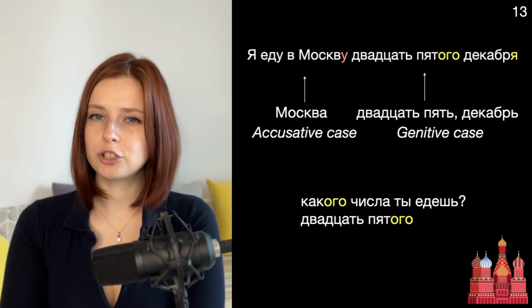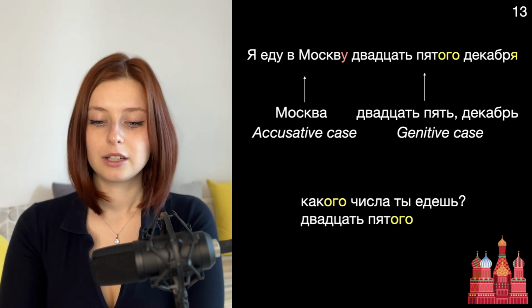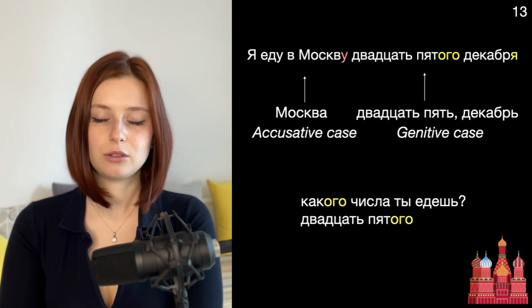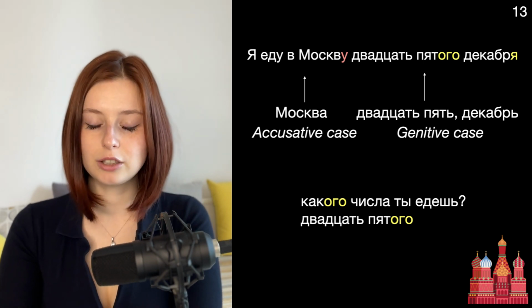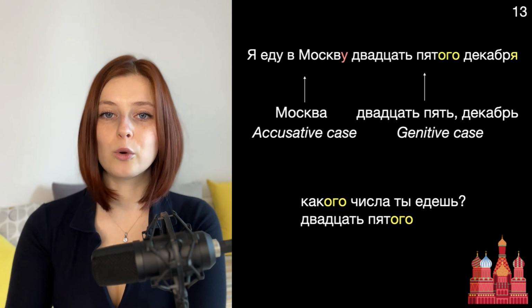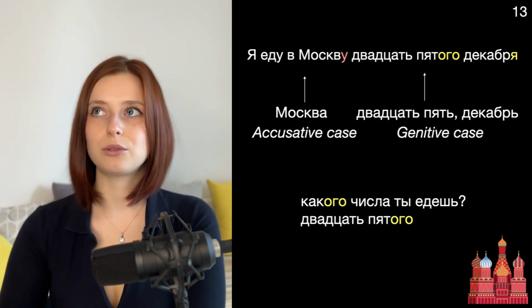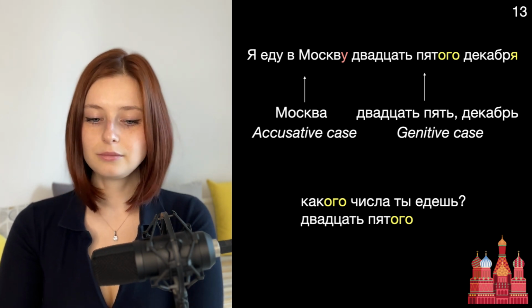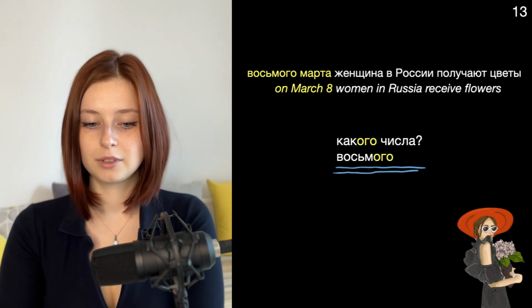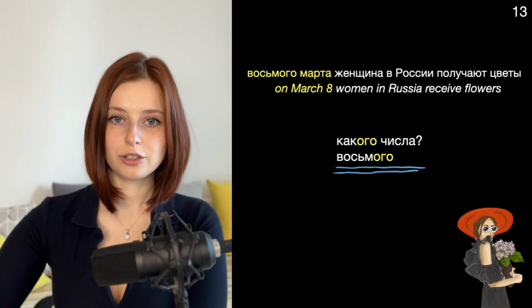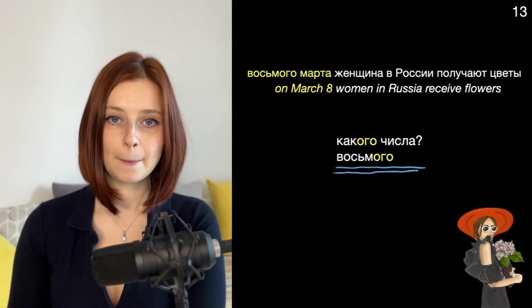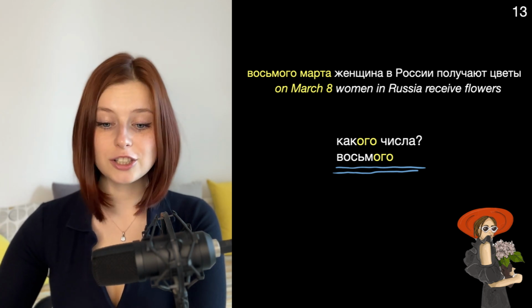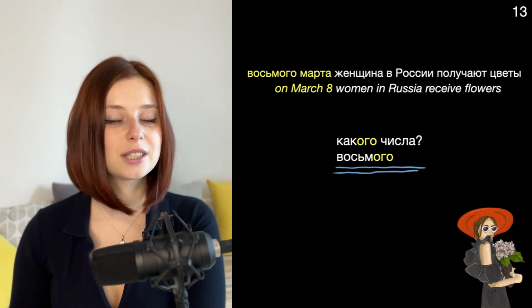So, какого числа? 25. And maybe you can remember it like this, that it's genitive, so as not to remember too many endings, right? You just remember one question, how to ask what day do you go? And based on that, that's how you will change the numbers. For example, 8 марта, on 8th of March, right? 8 марта женщины в России получают цветы.